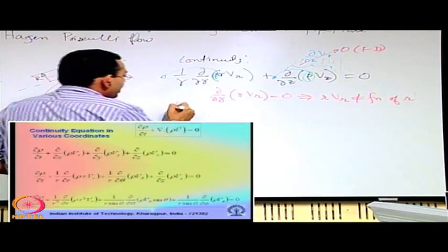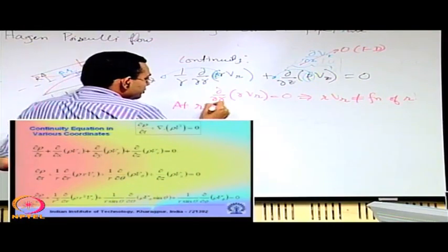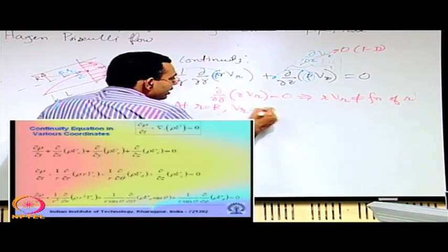So what is the constraint of the boundary condition? At the wall, at small r equal to capital R, you must have Vr equal to 0. That is the no penetration boundary condition, that is, the fluid cannot penetrate through the wall in the radial direction.